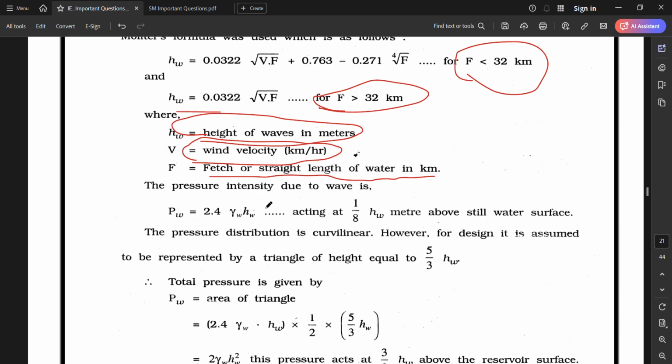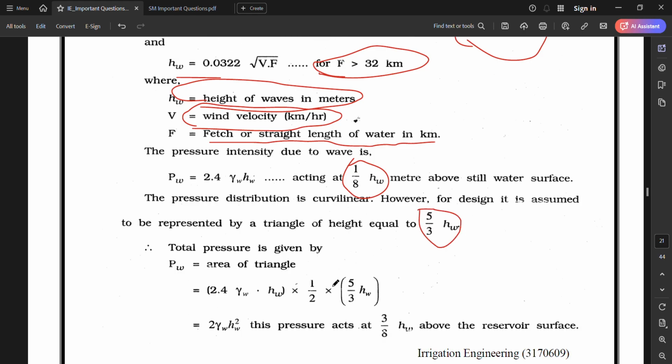The pressure intensity due to the wave is Pw equal to 2.4 gamma W into Hw, acting at 1/8 of Hw meter above the still water surface. The pressure distribution is curvilinear, however, for design it is assumed to be represented by a triangle of height equal to 5/3 of Hw.